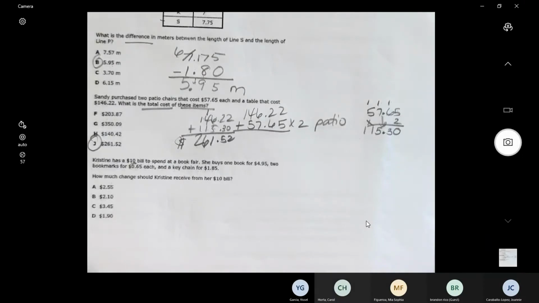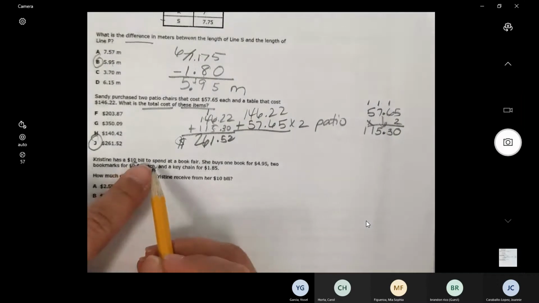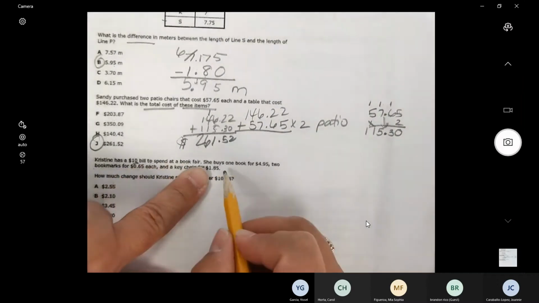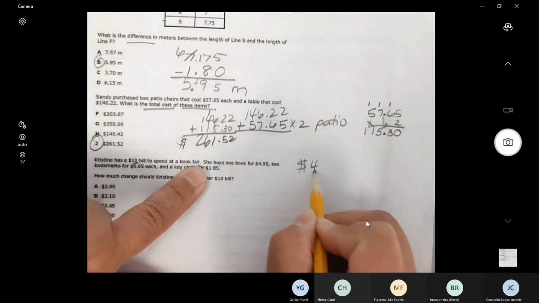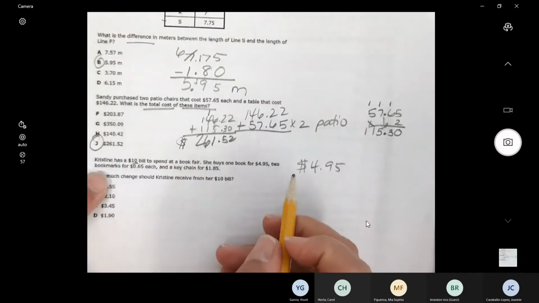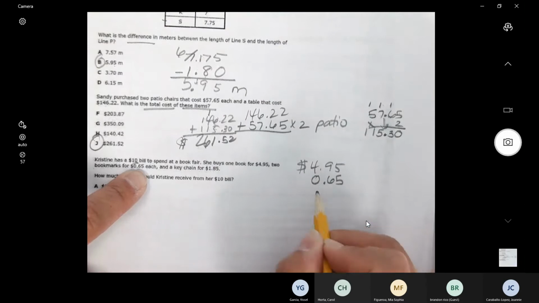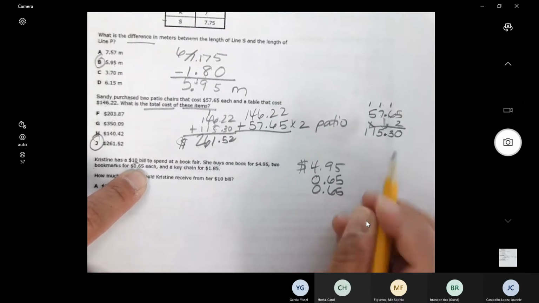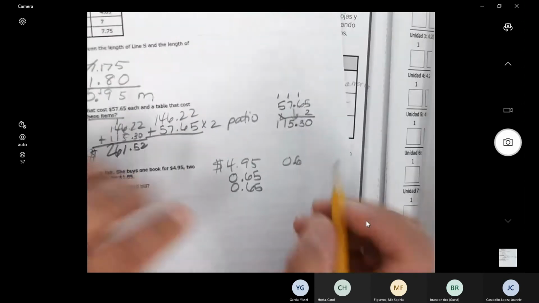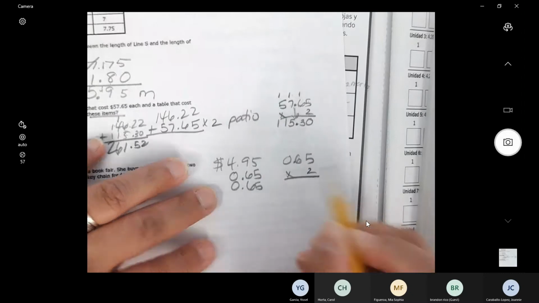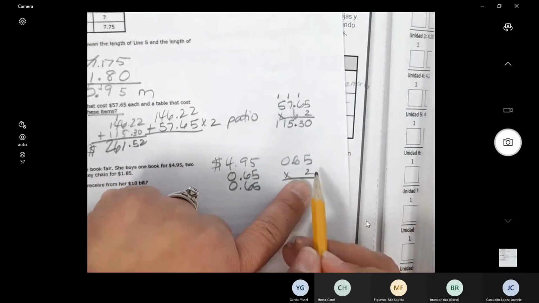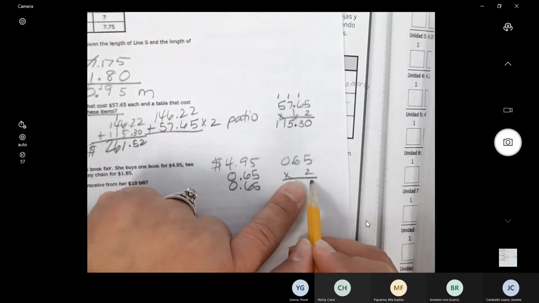Yes. Okay, cool. All right, so we're looking at $10 to spend at a book fair. She buys one book that's $4.95, right? And two bookmarks for 65 cents. So you can either write this amount twice, or you could multiply this amount times 2. So here we are, okay? 2 times 5 is 10.